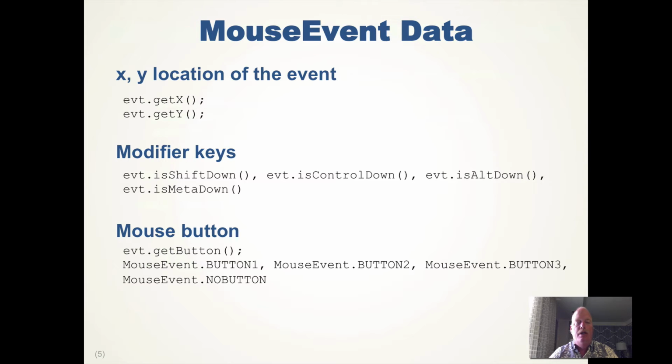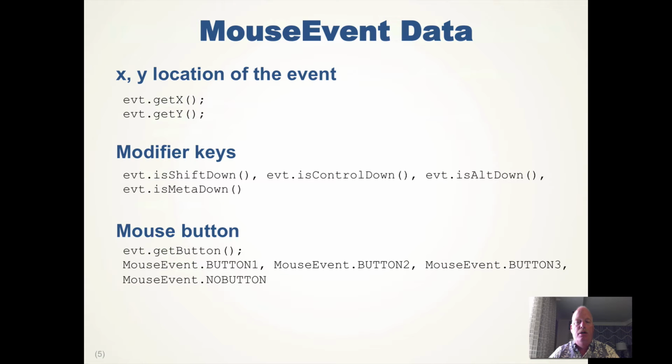Also, Java has a concept of 3 buttons on the mouse. Not all mice have 3 buttons. Classic Mac has only 1 button, but you can get the button that was pressed when the mouse event was generated. Some mouse events are not generated with a button, so on entered or exit there is no button associated, and getting the button would say no button because it was not generated by a button.